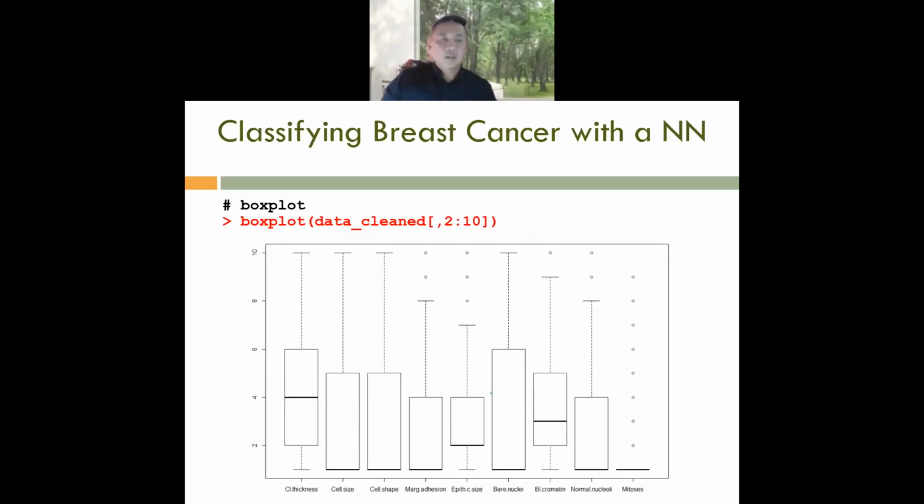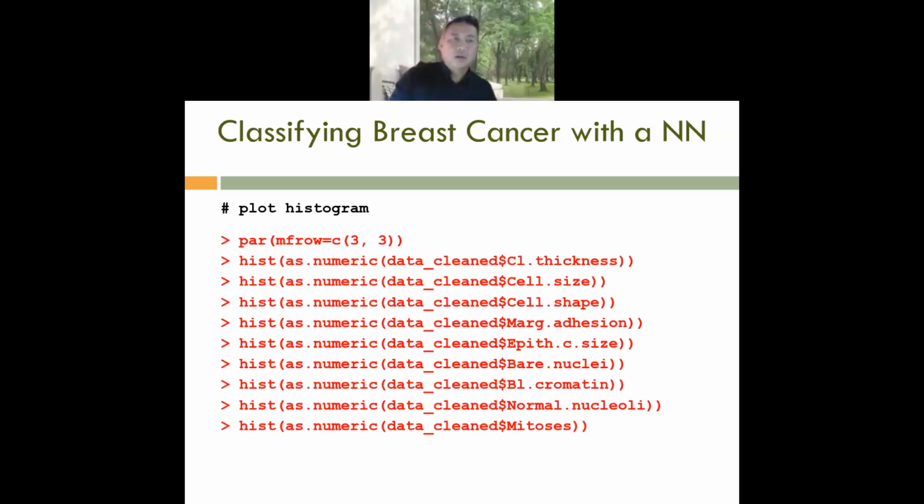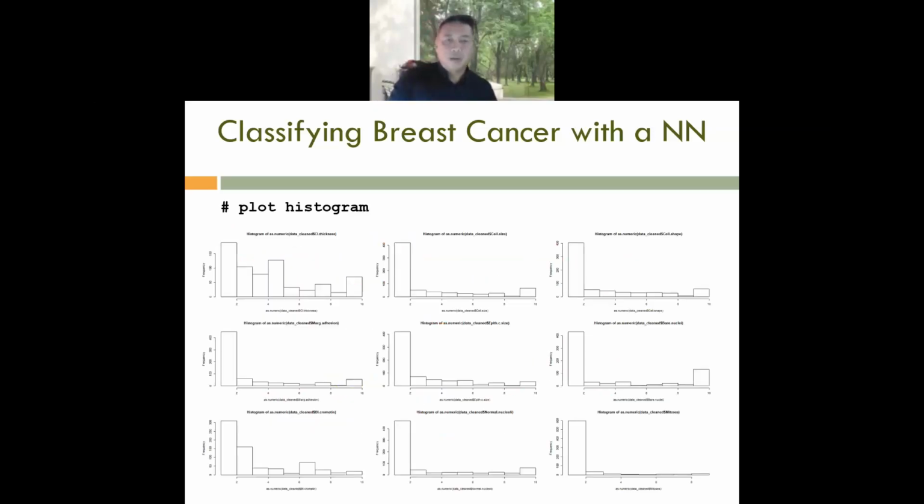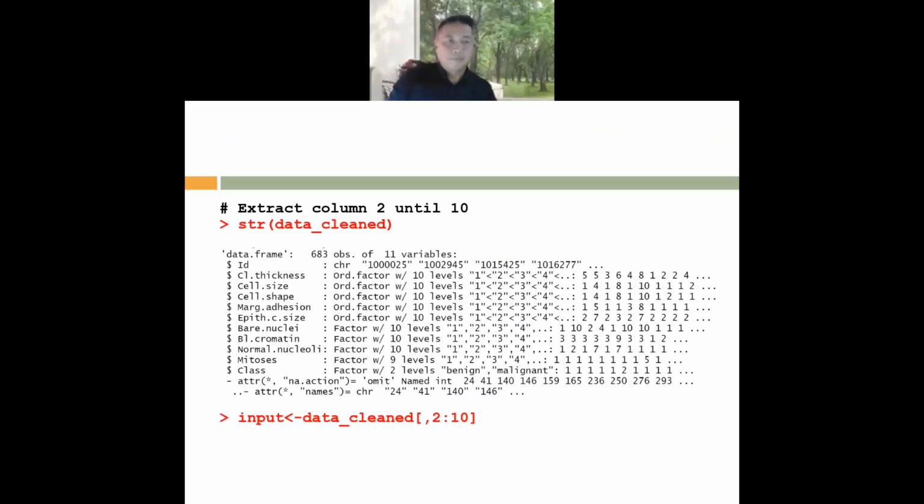Once we clean, we can perform the box plot just to look at the average and also the first and third quartile. If you look here, we have different medians, so we need to perform some scaling.